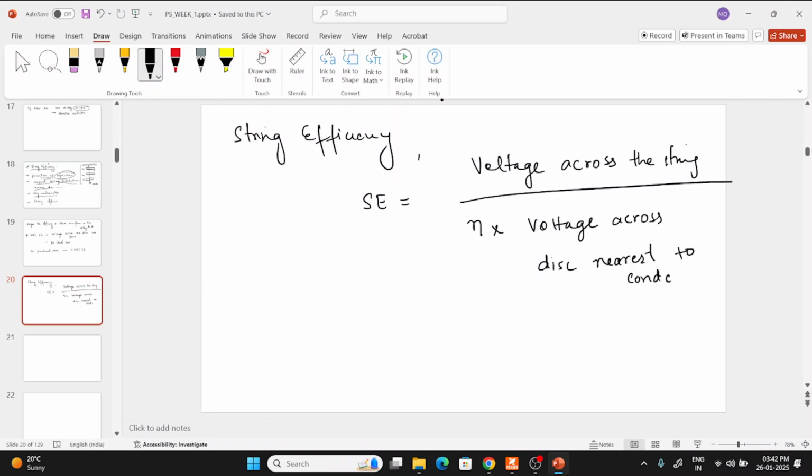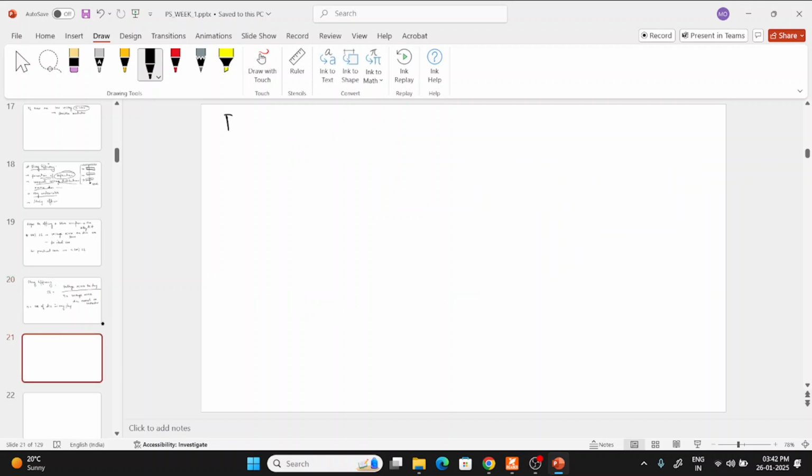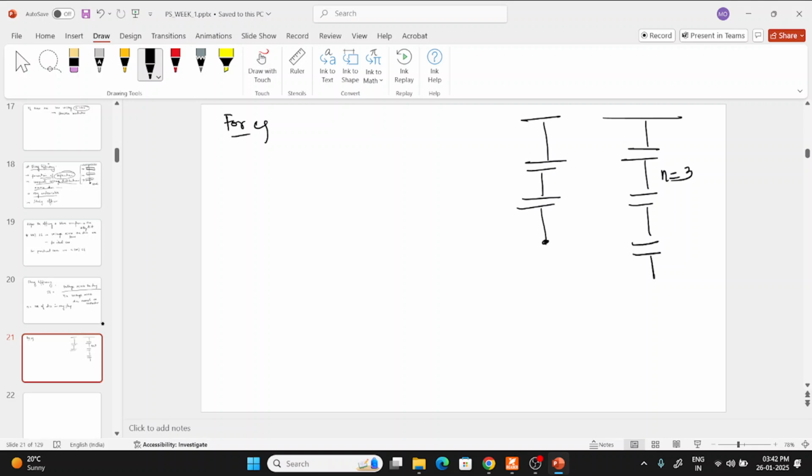Okay. What is N? N is the number of disks in any string. Like for example, here N is equal to 3. This is the conductor. This is N is equal to 2. Okay.